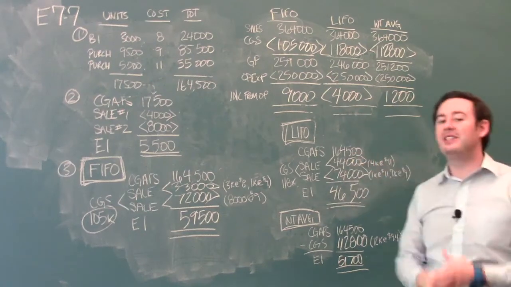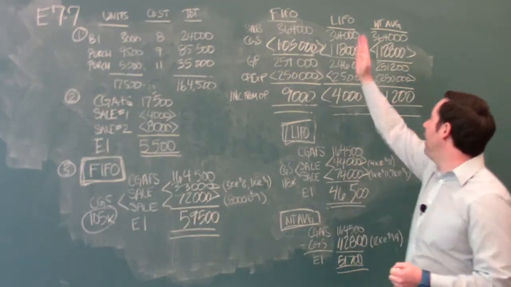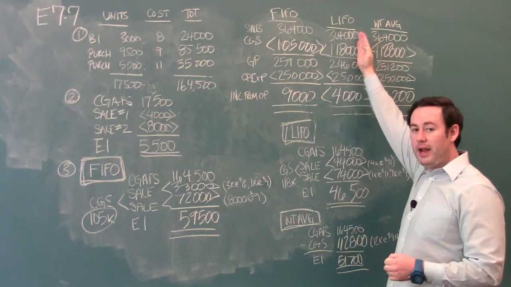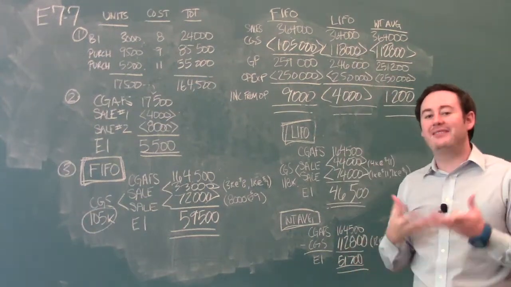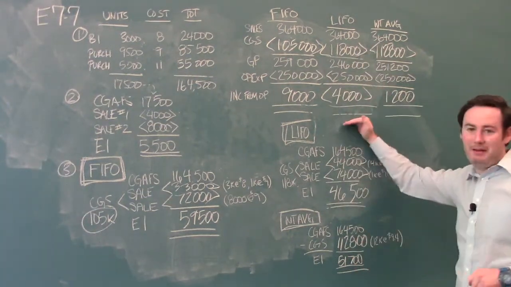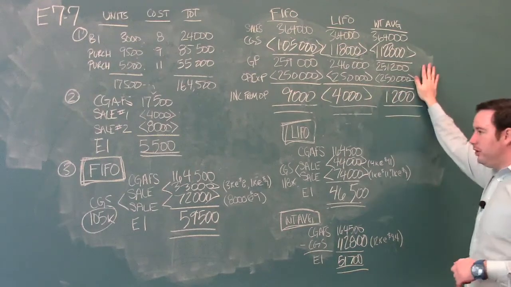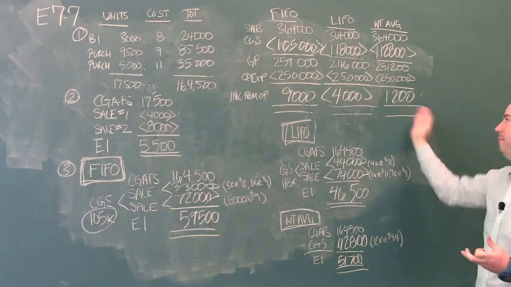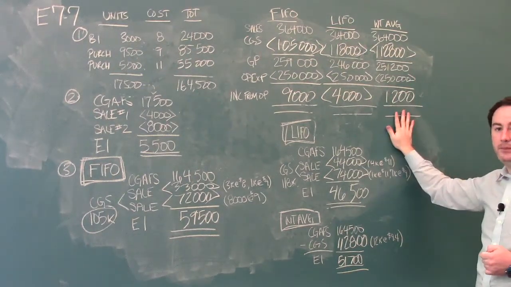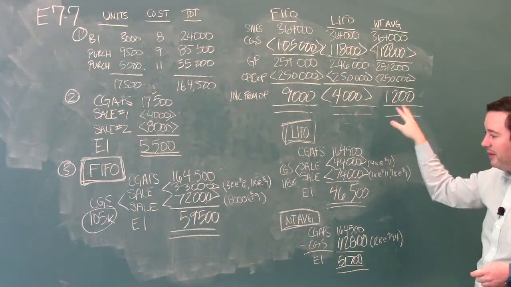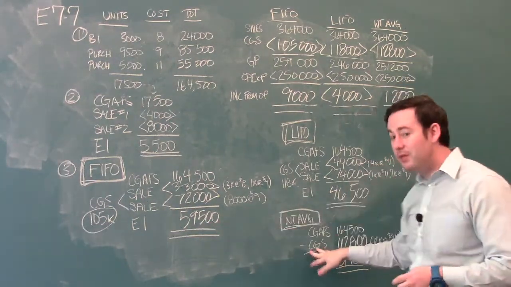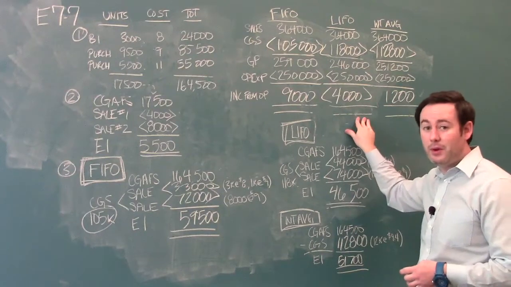Again, because the highest prices were the last ones to go out. Last in, first out, right? So those are the highest costs, meaning those are the highest cost of goods sold, meaning this is the lowest amount of income, right? And the weighted average, just as it describes to be, is a mixture in between the amounts, right? You could get the actual differences between all the methods by simply comparing the differences in ending inventory and the differences in income, okay?